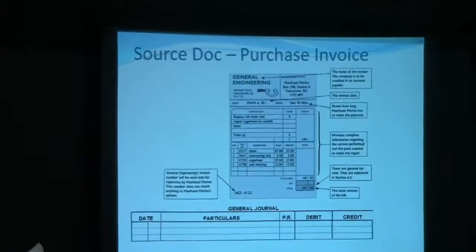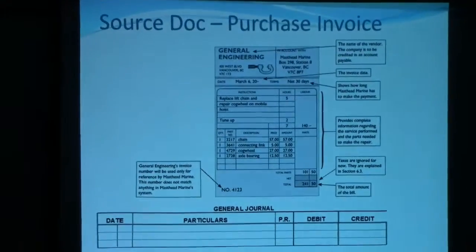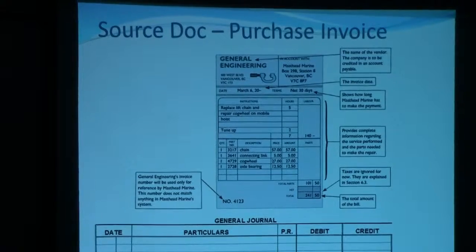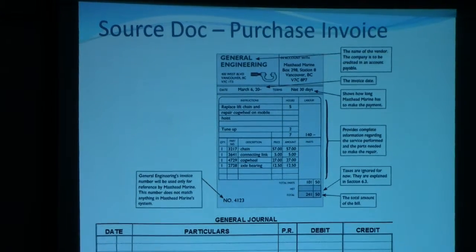So the next one is a purchase invoice. A purchase invoice is when you are the customer. You have now purchased something and you are going to record it as a debit or a credit. Another source document is a check.